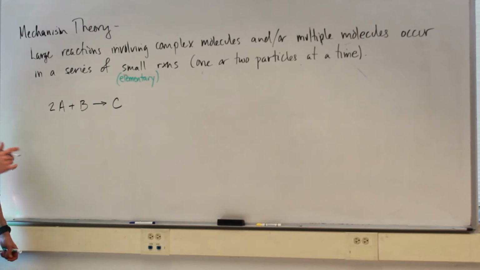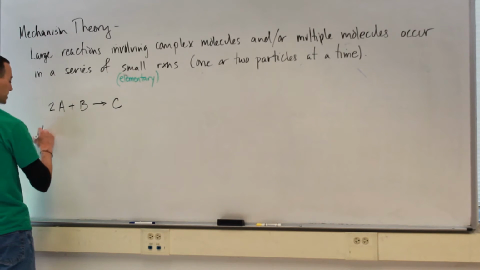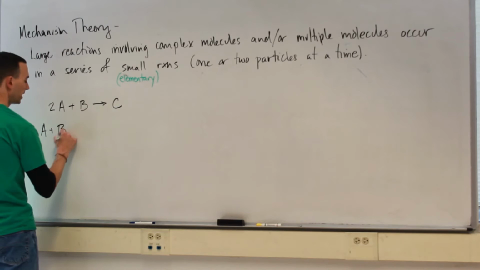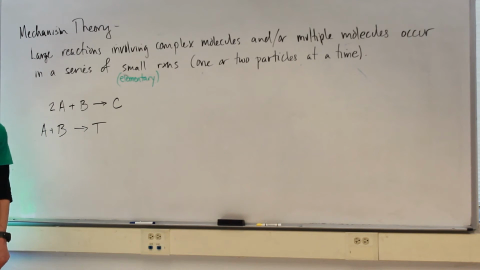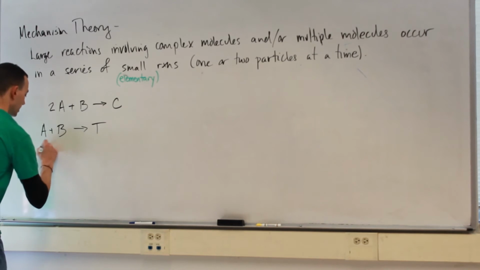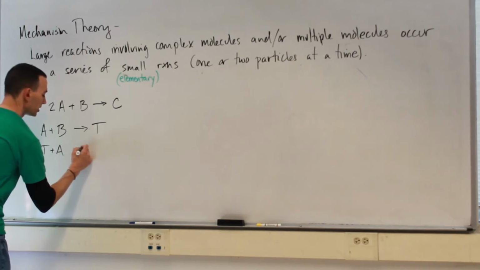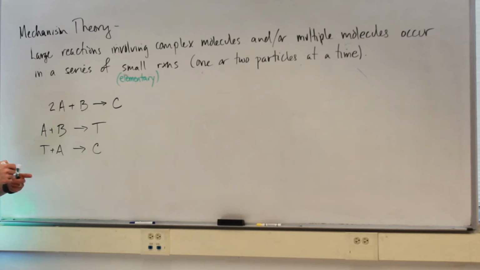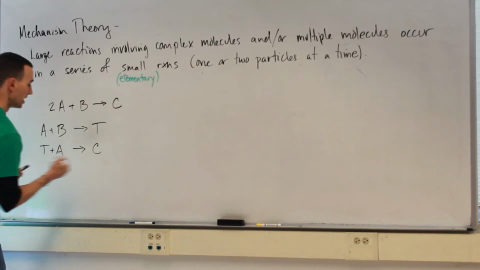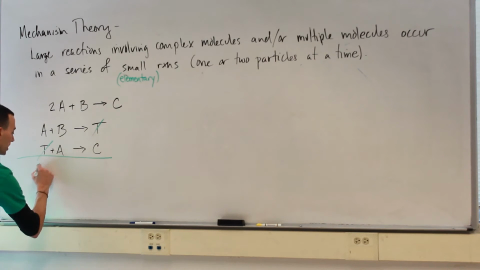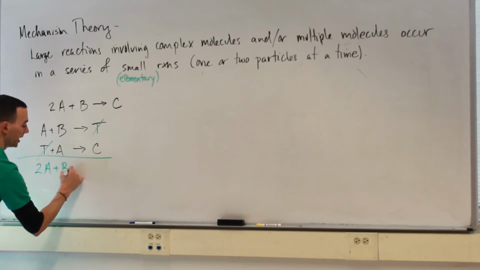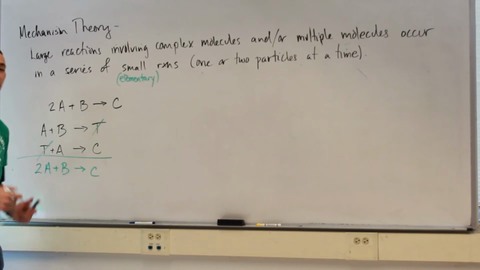What's more likely to happen would be perhaps A plus B first come together and they form a temporary product. I'll just call it T. That T then collides with the second A and that produces C. If you balance this out like we did with Hess's law, you see that we've accomplished the 2 A's plus B giving us C.